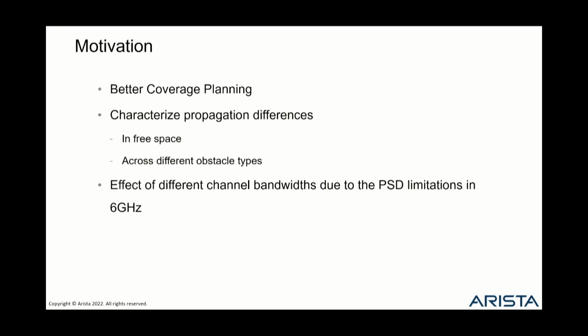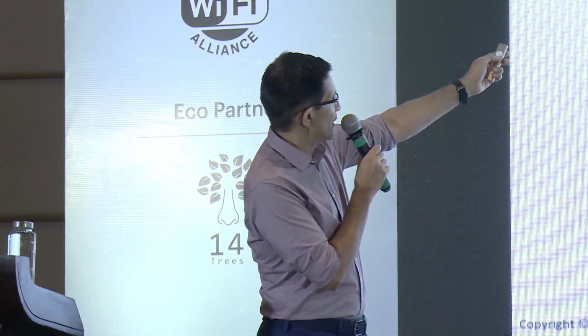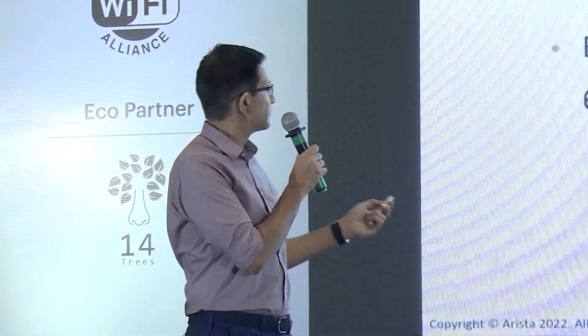Someone mentioned it, I think it was Sujata, and Srikanth also talked about this yesterday. The interesting behavior in 6 GHz because of the power spectral density limitations on channel bandwidths. So this is what I'm going to talk about. We look at free space, across obstacle types, and then the different channel bandwidths.